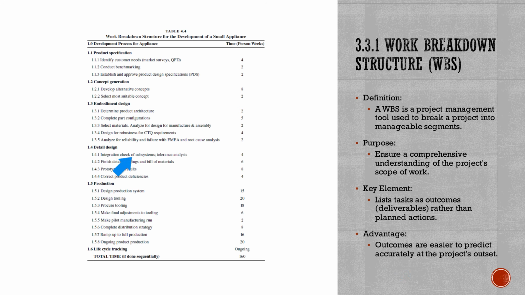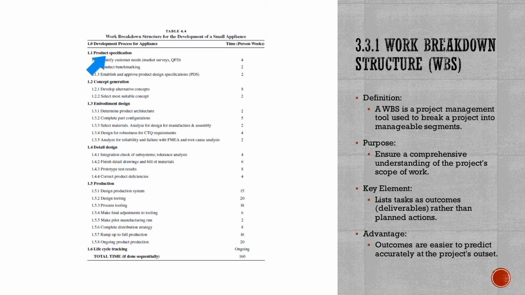So here is an example of a WBS for the development of a small appliance. Under the major activities such as product specification, concept generation, embodiment design, detail design, and production, we will break down the structure.